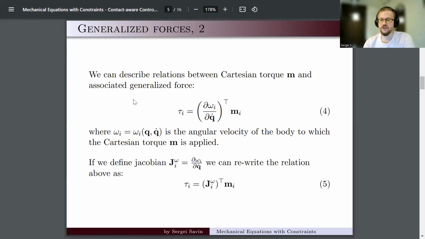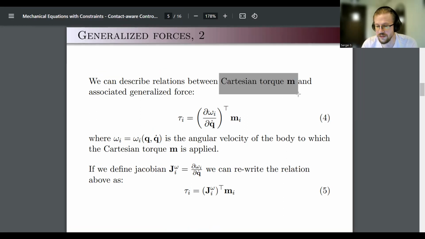All right, now to generalize torques. Let's say we have a Cartesian torque M. Notice that bold are always vectors for me. So this bold M is a vector. You could complain that it looks a lot like a mass, but you cannot because it's bold.